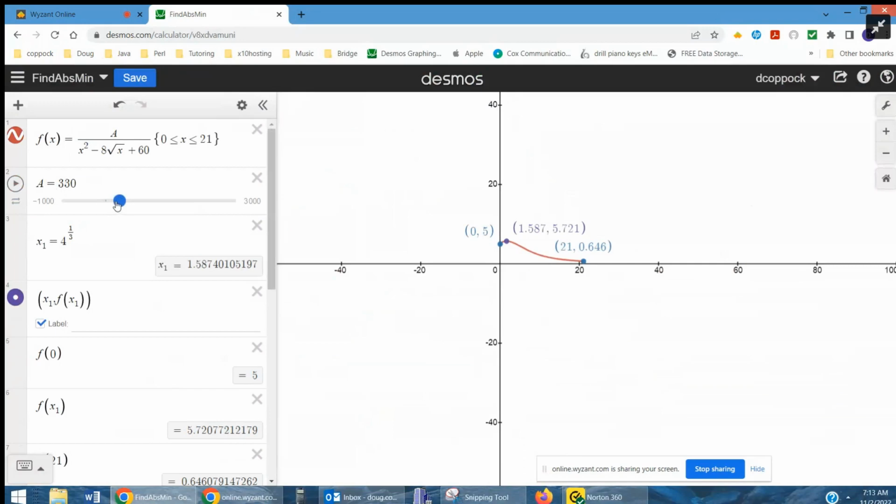If I shift the value of a in the positive direction, you can see right now at that value of a, the minimum value for y is 4.092. So we have to get up pretty high before we reach a value of 8. But if I go in the negative direction, everything turns upside down. So we're going to assume for this problem that a is positive.